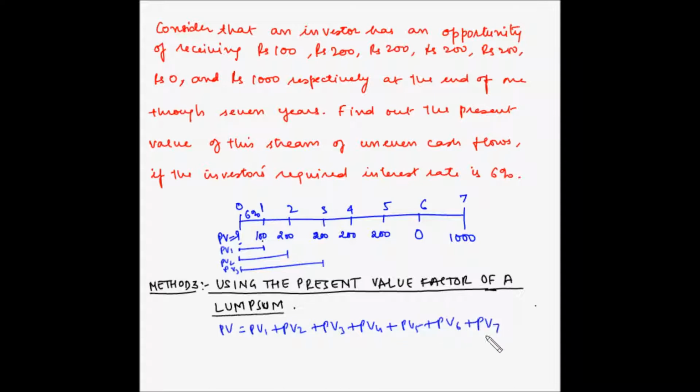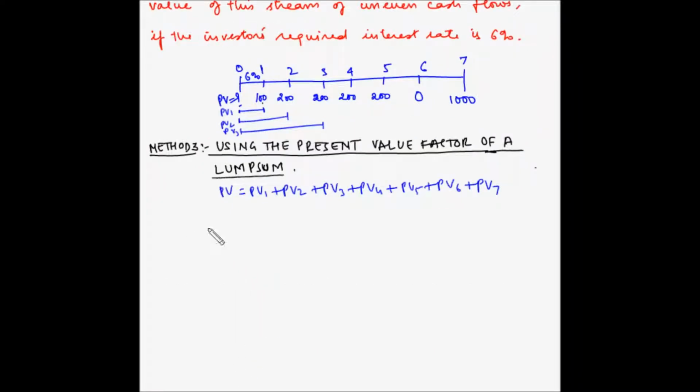Now each of these PVs is found out by using the formula FV divided by (1 plus i) to the power n. This can also be written as FV into 1 divided by (1 plus i) to the power n. And as we already know, this part is also known as the present value factor of a lump sum. So this is equal to FV1 into present value factor, where for PV1 n will be equal to 1 and i will be equal to 0.06.